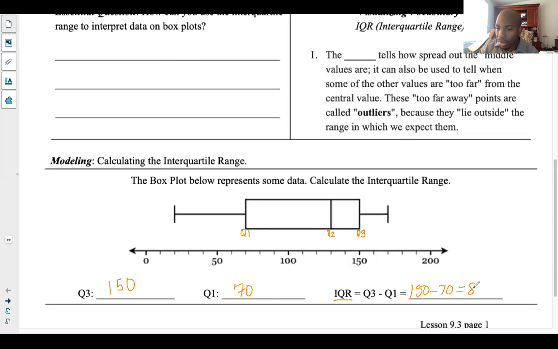If you don't need a calculator, it's fine too, right? But I would recommend you double check your answers to make sure they're spot on. If you think the answer is 60, check it to make sure it's what you think it is, okay? So 150 minus 70 gives us 80, which means the IQR value for this particular data is 80.